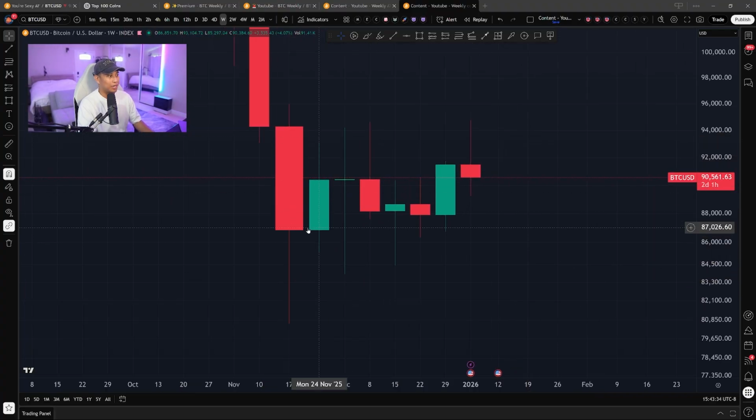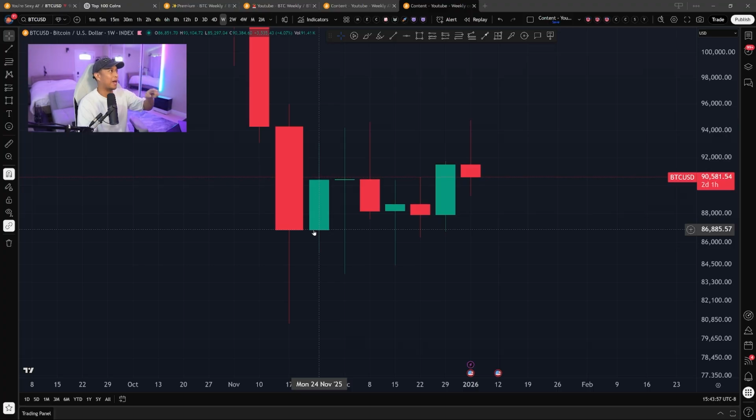If it's green, price opened at this bottom area, the bottom of the body of the candle, and then it closed above the opening price. So let's say the week starts at, I think, Sunday 00 UTC time.